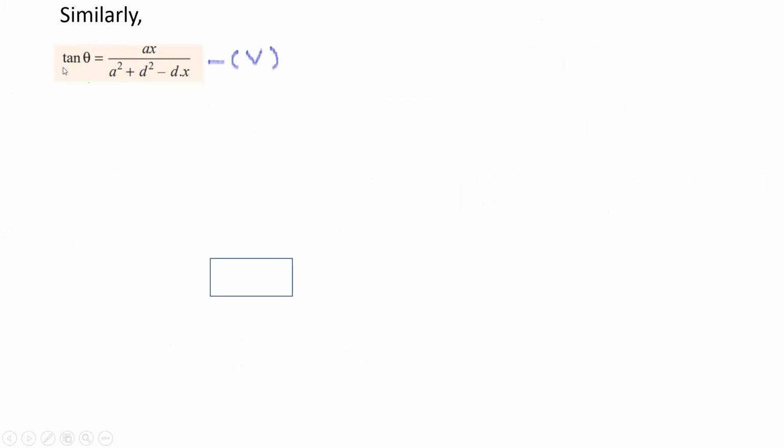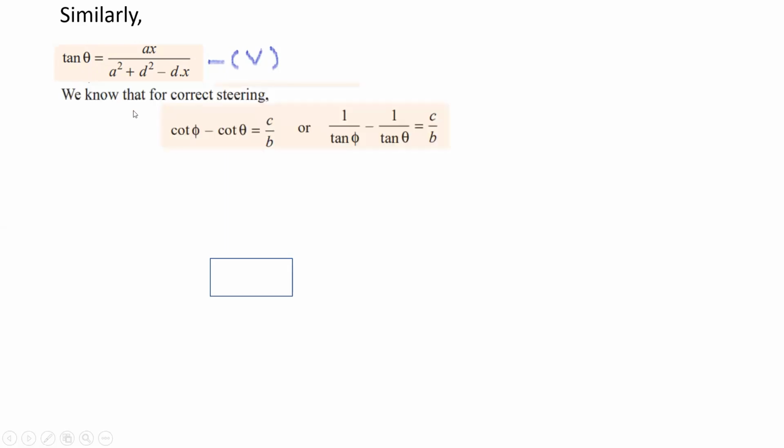Here we have the value of tan theta instead of cot theta, so we want to find cot theta. Cot theta will be 1 upon tan theta. We know that for correct steering this condition should be satisfied, as we have seen last time. So it can be written as 1 upon tan phi minus 1 upon tan theta is equal to c upon b.